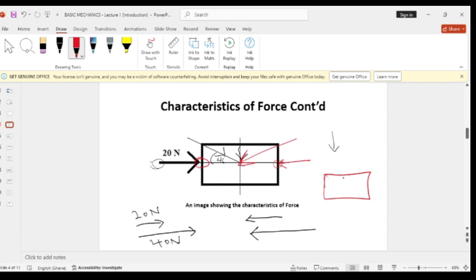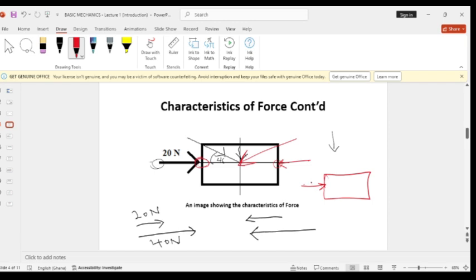Okay, assume we have this, and then this is a rectangular object, and I apply a force this way. So one, with drawing the arrow, I'm able to show the magnitude, I'm able to show the direction, I'm also able to show the point of application of the force.